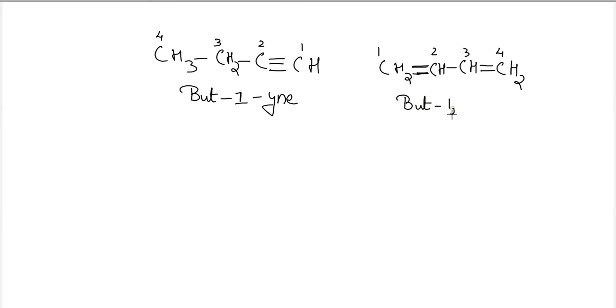In the first and the fourth location, we are having a multiple bond. So 1,4, and as two double bonds are there, containing 2 in number, we will add the prefix di, and the suffix for the double bond is -ene. So the name of this compound will become but-1,4-diene. Okay.